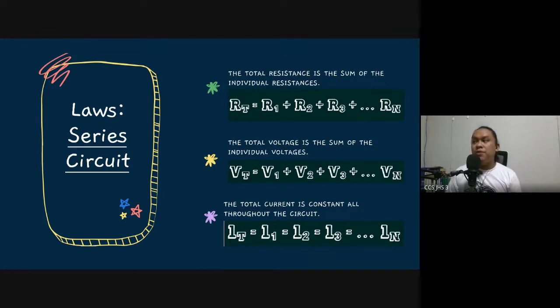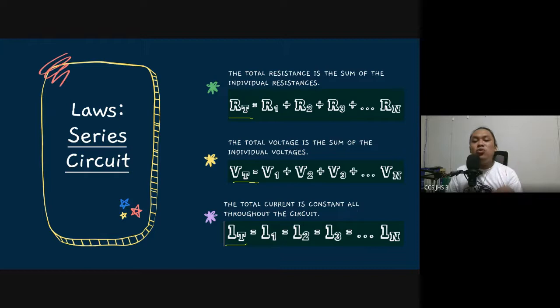If you can remember from the examples yesterday, usually more than one load is connected to a series circuit. So for every load we have individual parameters, and we also have what we call total parameters. As you can see, we have the total resistance, the total voltage, and the total current.